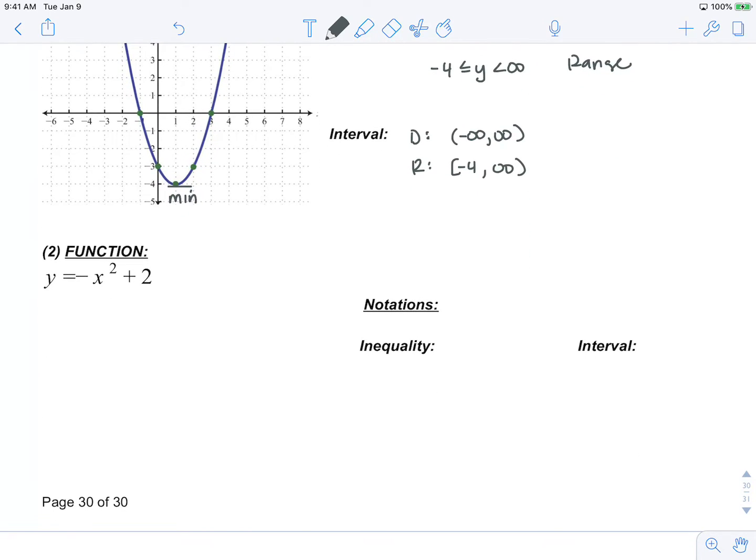So now here we need to identify our vertex and our axis of symmetry to get a quick sketch of this parabola. We know a equals -1, b equals 0, and c equals 2. So for our axis of symmetry, x equals -b over 2a, which is 0.